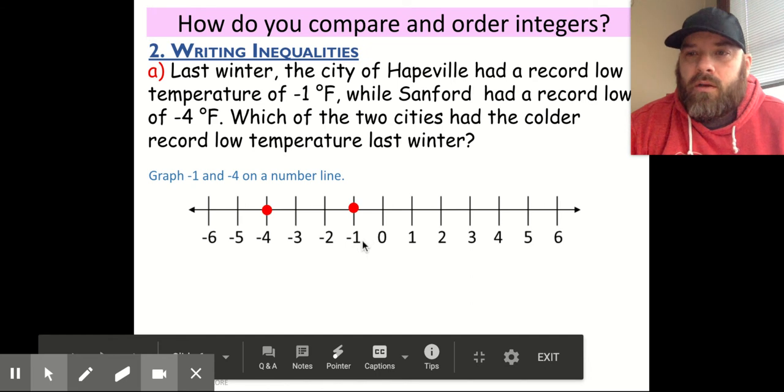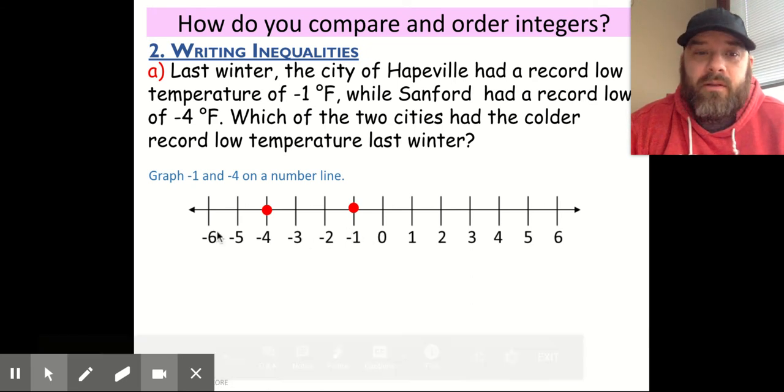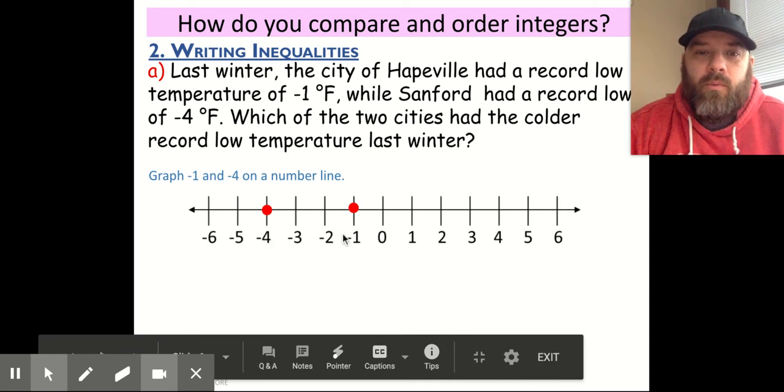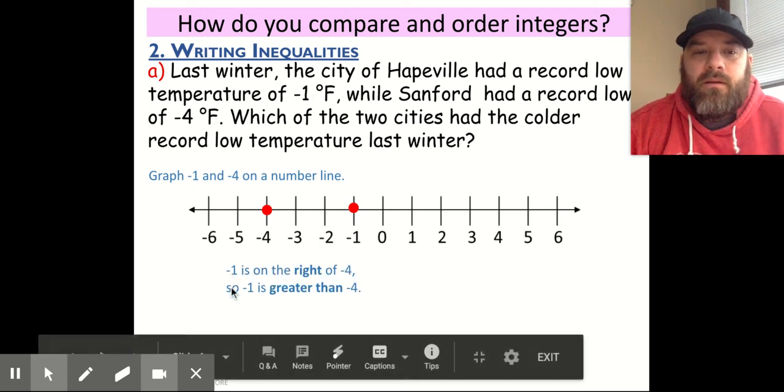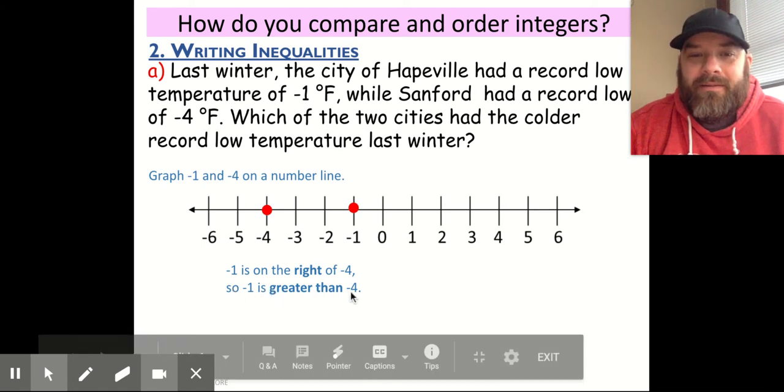Although the absolute value here is 1 and the absolute value here is 4, we have negatives, right? So the record low is -4. So -4 is less than -1. The other way you can say it is -1 is greater than -4.